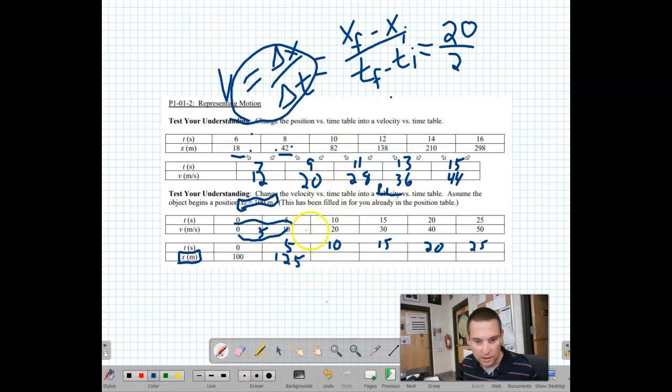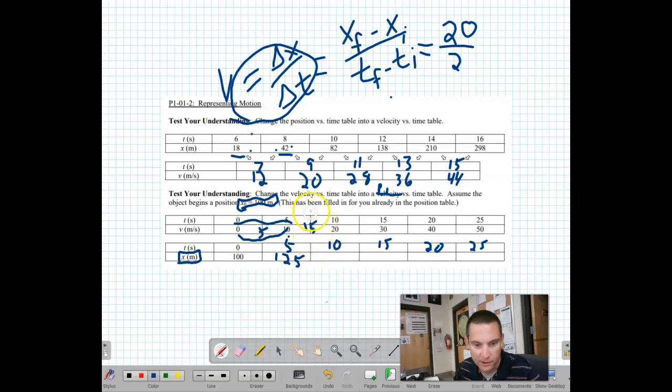So again, the average velocity between 10 and 20 is 15. Right?